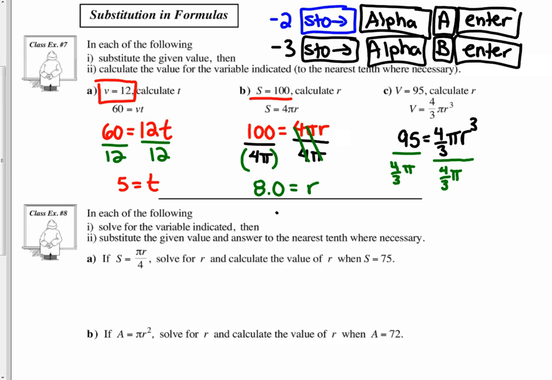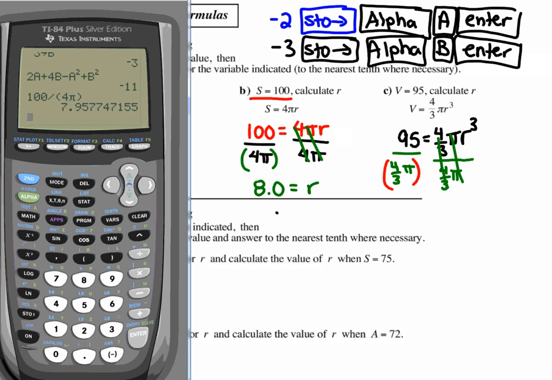What will I need on my denominator? Brackets. Because there's more than one thing, so we're going to be typing in 95 divided by brackets, 4/3 and pi. Pi is the second hat. We do not use 3.14 anymore, ever.